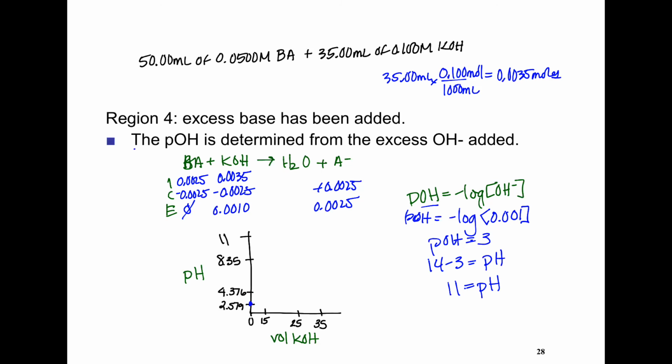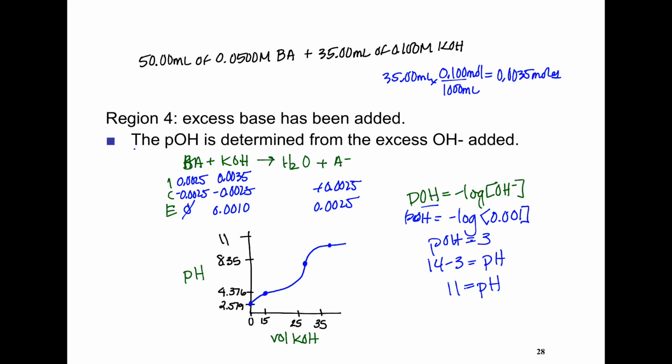So that was our initial point. Then it went up to about a pH of 4 in our buffer region after we had added 15 milliliters. By the time we had added 25 milliliters, we were up to pH 8. And then at 35 milliliters, we were at about pH 11.